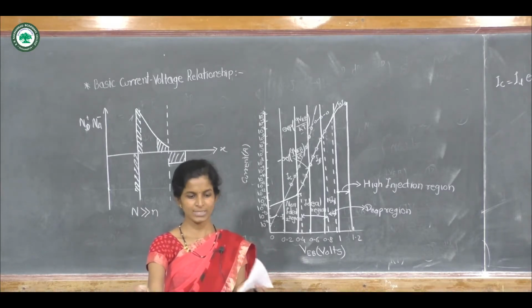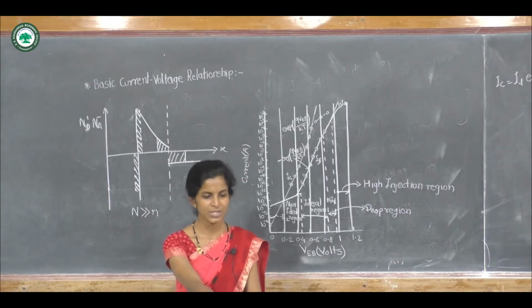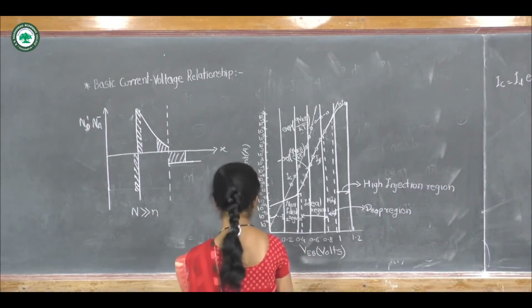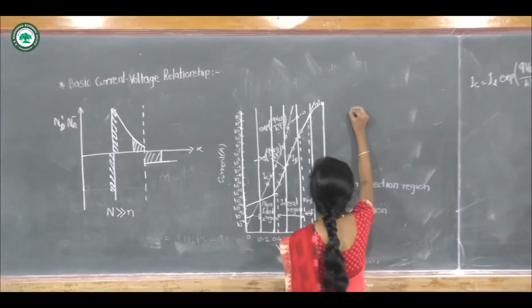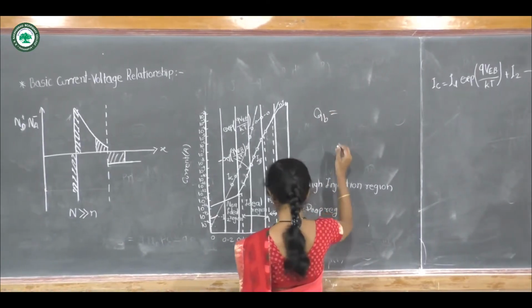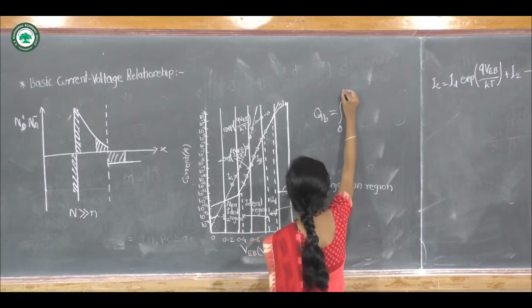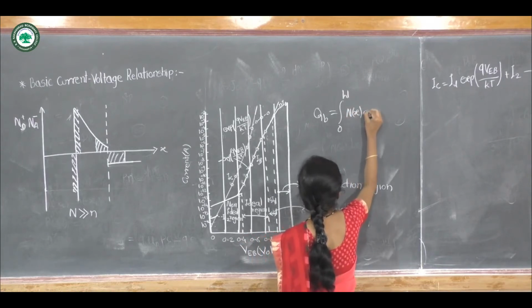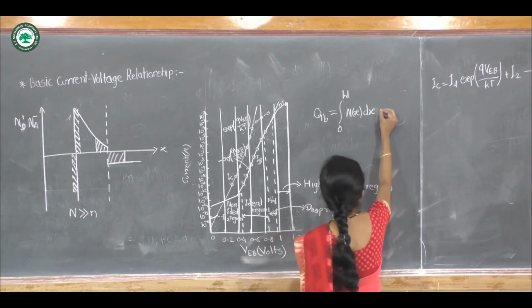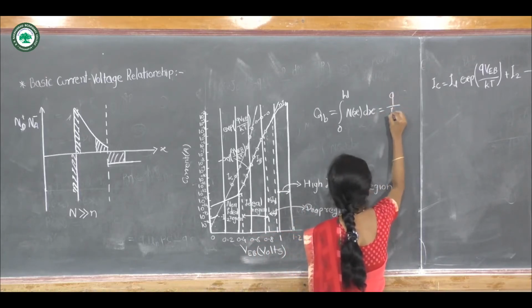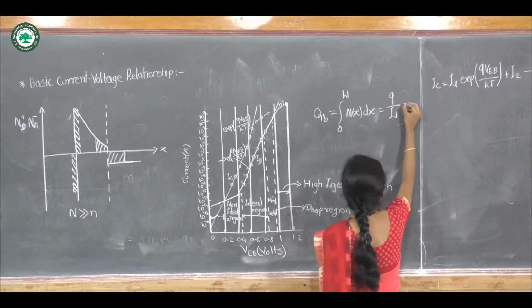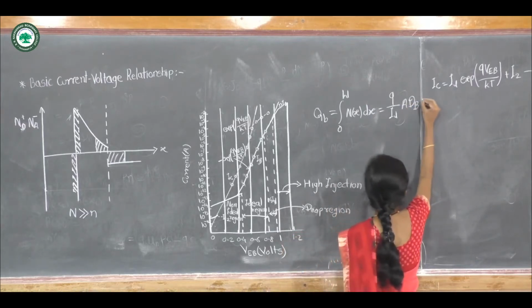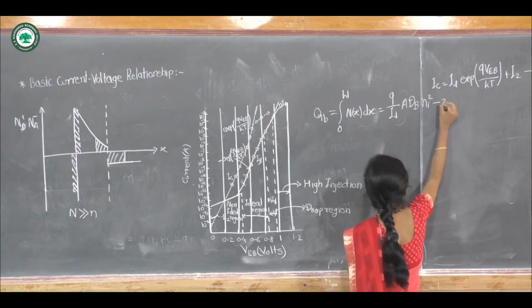The number of impurities per unit area in the base, which is also called the Gummel number, can be obtained from equation number 18, and is given by QB is equal to integration over 0 to W of n of x dx, which is equal to Q upon IL into A into D_p into Ni square. This is equation number 20.